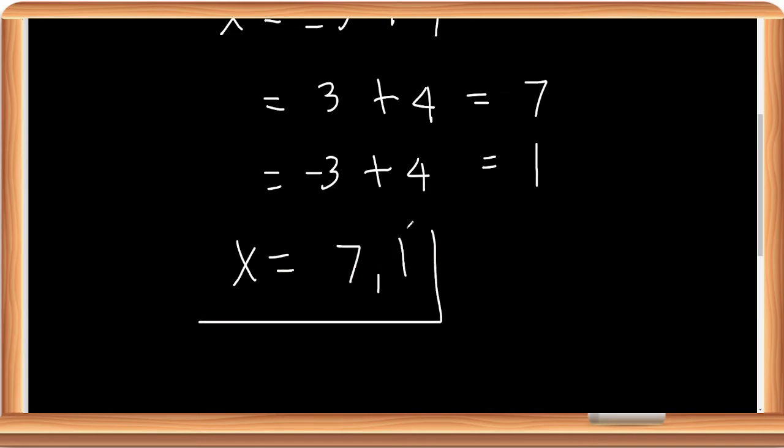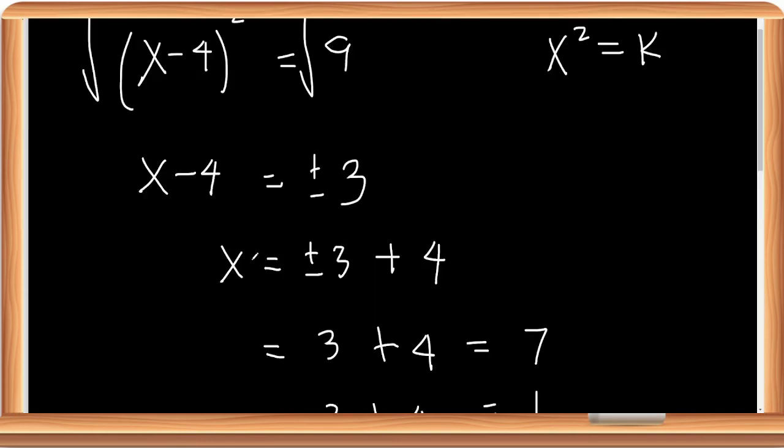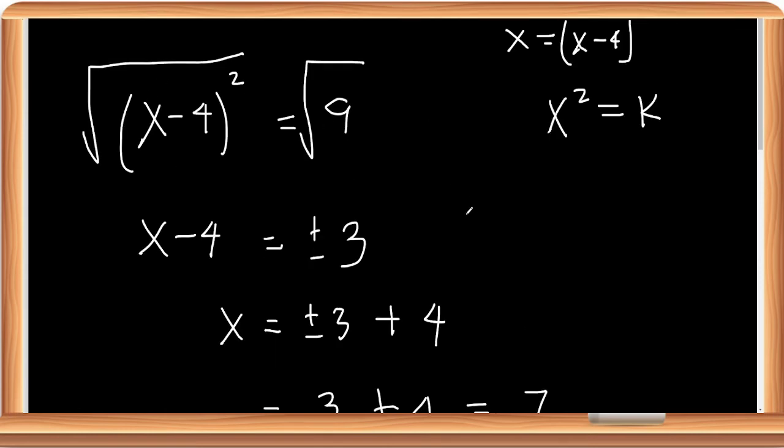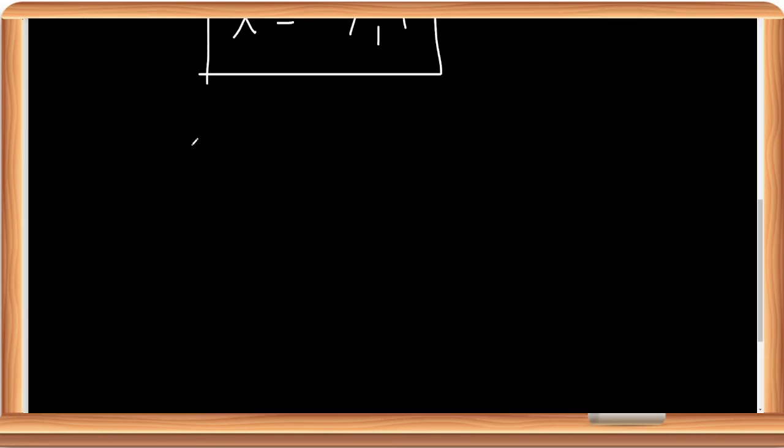Now, if you want to make sure, I want you to have the habit of checking if your solution is correct. All you have to do is substitute this or this, okay? Ito munang 7. Substitute mo dito sa original equation na x minus 4 squared is equal to 9. Okay?